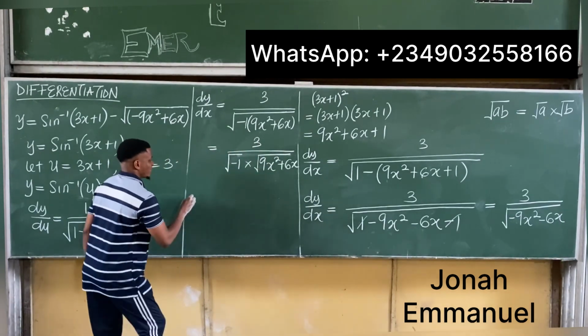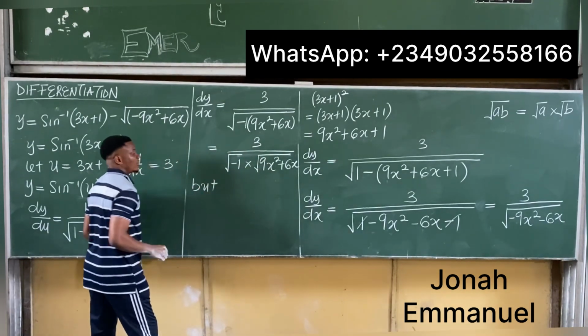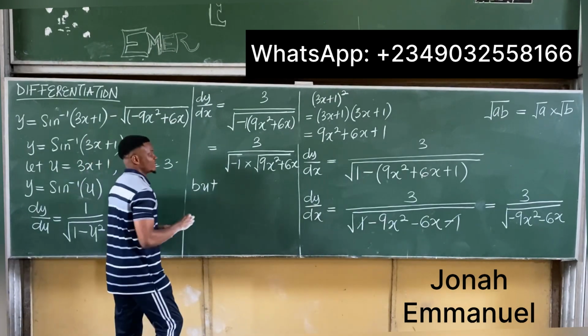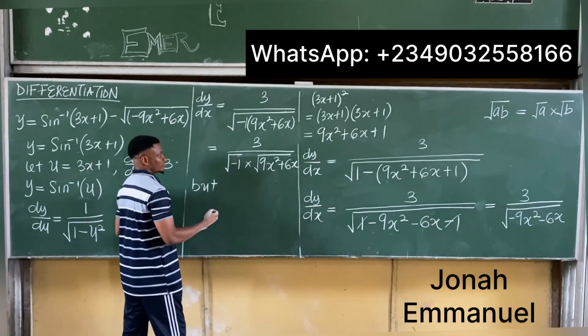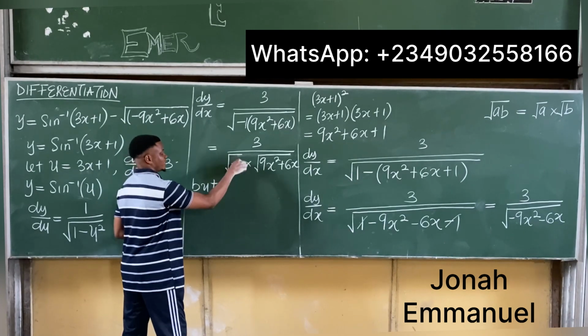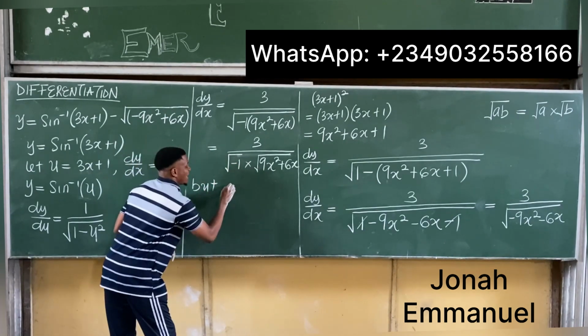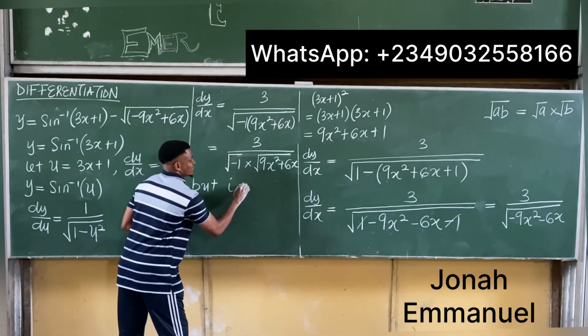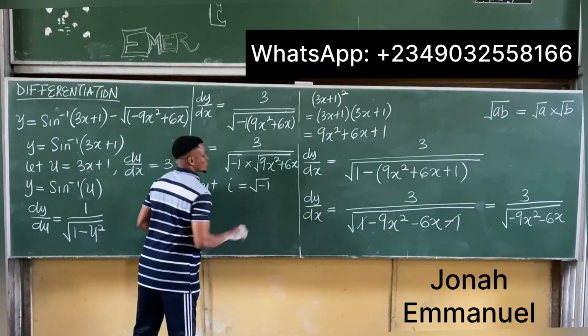Recall from the idea of complex numbers, we said it's impossible to take the square root of a negative term, and we said we use i to represent root minus 1.